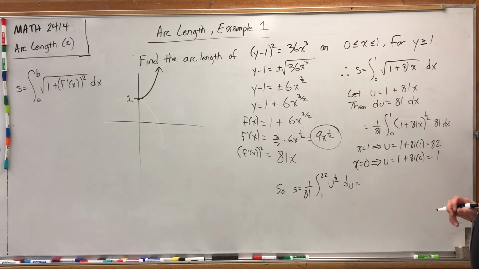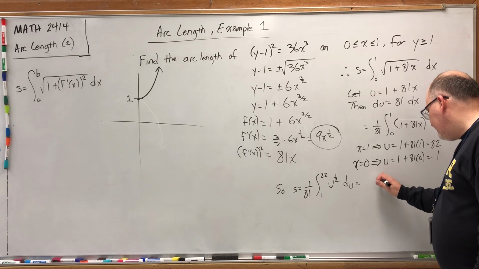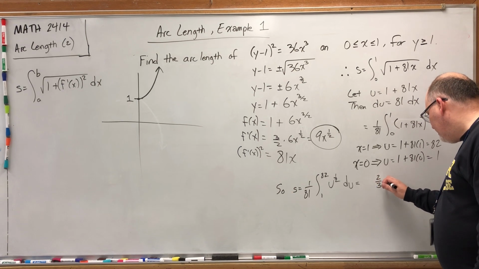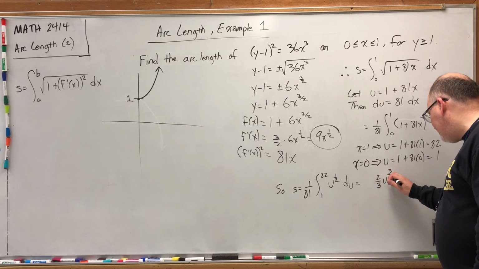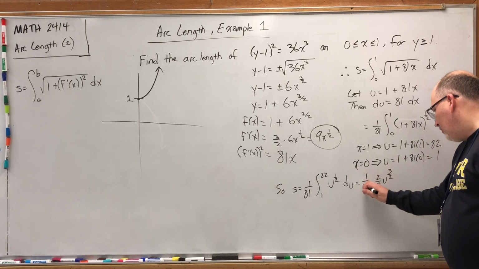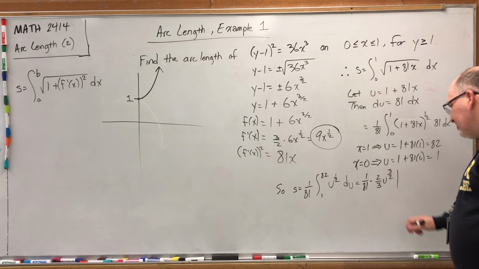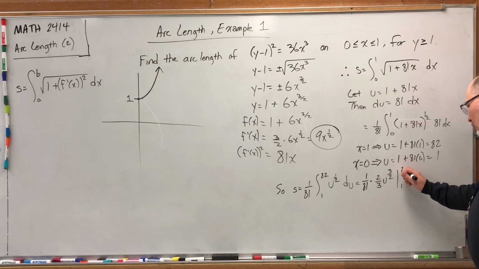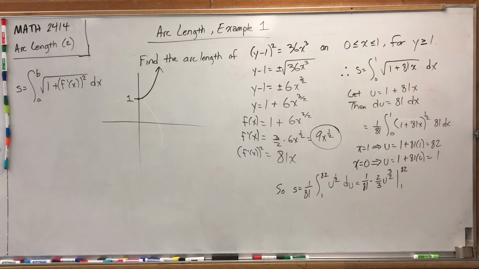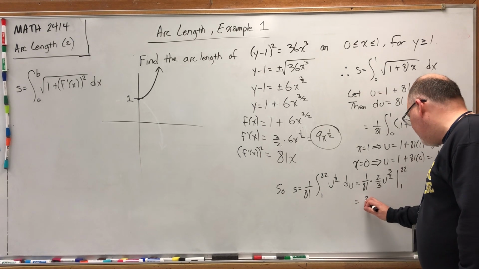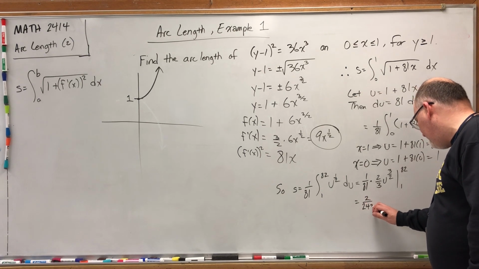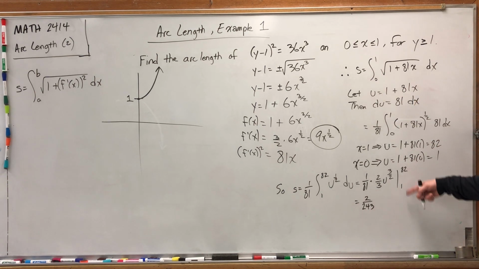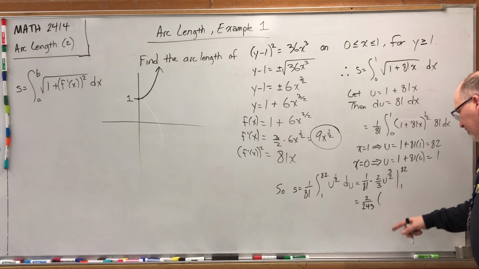The antiderivative of u to the 1/2 is 2/3 times u to the 3/2, but we had the 1 over 81 in front, and this is going from 1 to 82. Remember, we changed the limits of integration so we don't have to undo the substitution. 1 over 81 times 2/3 is 2 over 243. And then now we just have to evaluate u to the 3/2 at the upper and lower limits.